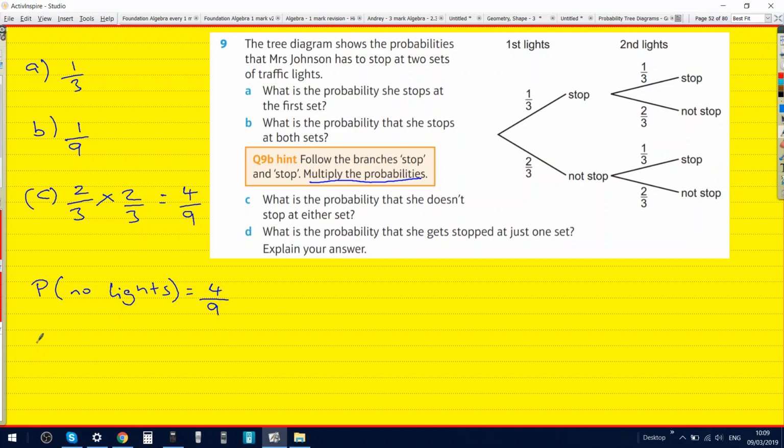So you might think that, but she has to go through 2 lights. The probability she stops at no lights is 4/9. That's the one we just saw. The probability she stops at 2 lights is 1/9. And so the only other possibility is she stops at 1 light. What fraction is left over?